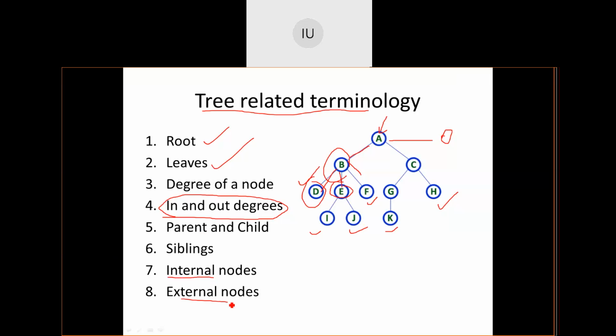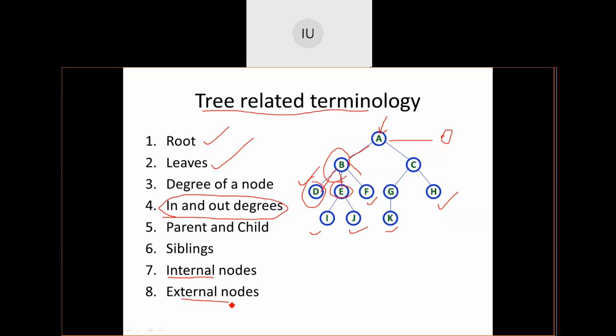Internal nodes and external nodes. I'll explain what internal nodes are and what external nodes are. Then you will be able to identify them. The nodes which are either root or leaf nodes are considered external nodes. Leaving root and leaf nodes, whatever is left out are internal nodes.